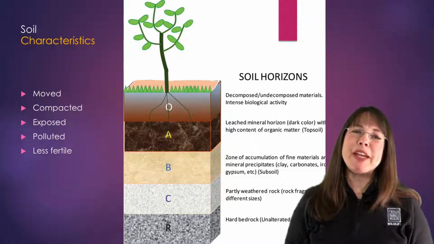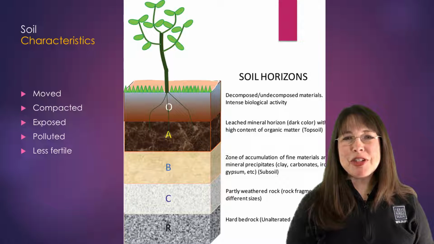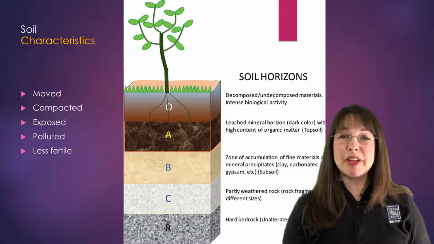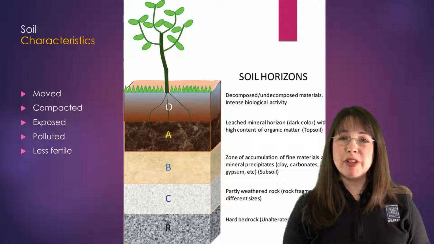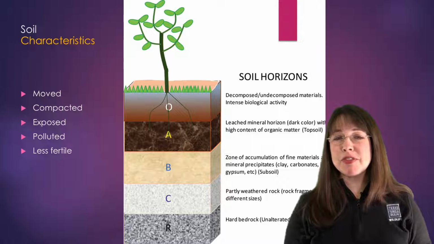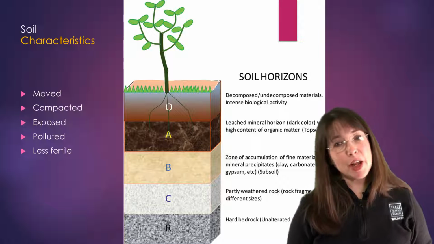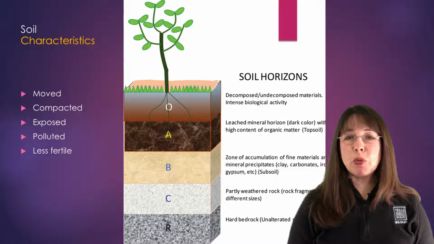Unfortunately, with our expansive use of heavy equipment, we compact the soil, crushing the pockets of air and water that are critical for supporting life. We also remove life and decaying vegetation from the surface of the soil, exposing that soil to solar radiation, wind, and water, which heats it up and makes it less able to hold water.